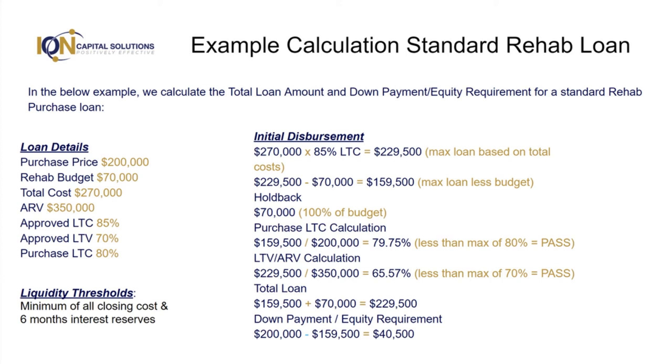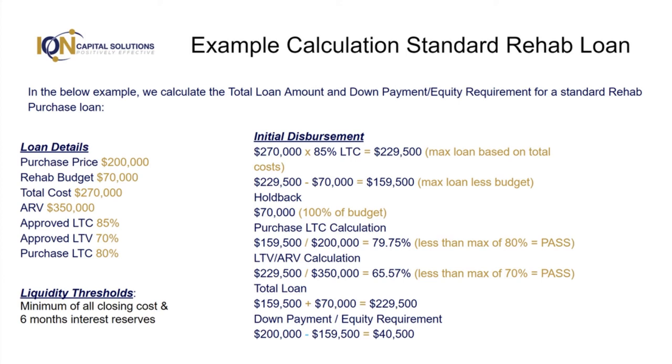When we look at the LTV ARV calculations, 229 divided by 350, we see we're at 65%. So when we look at this overall equation, we know that this will be a green light on either side of the lender's equation, because the 229 loan amount is supported both by the cost estimate of the work and the after repair value of the work.